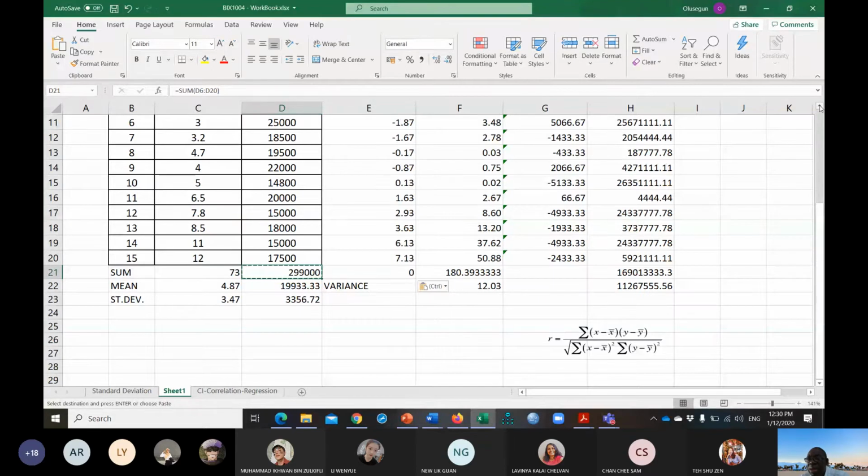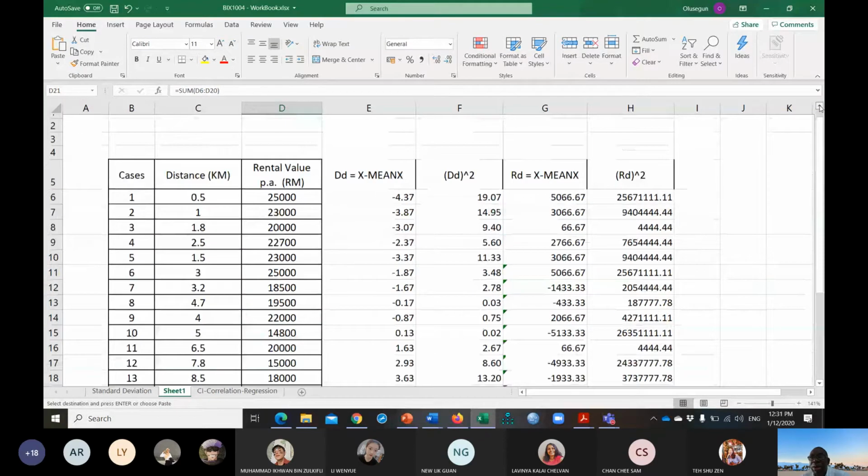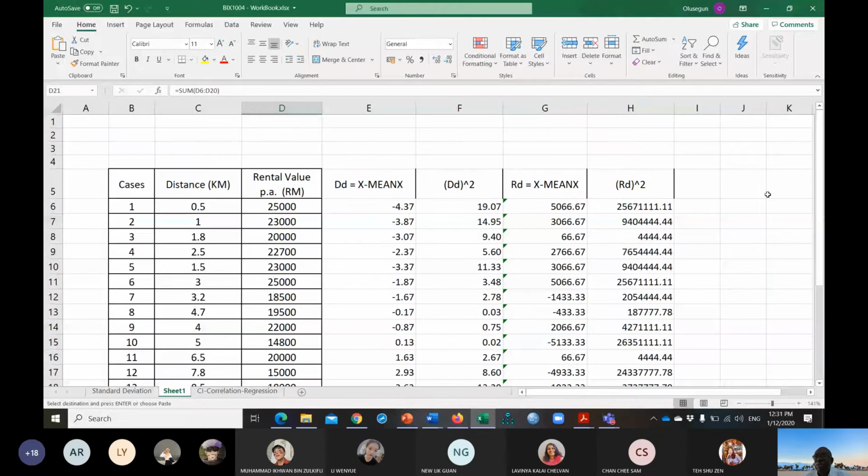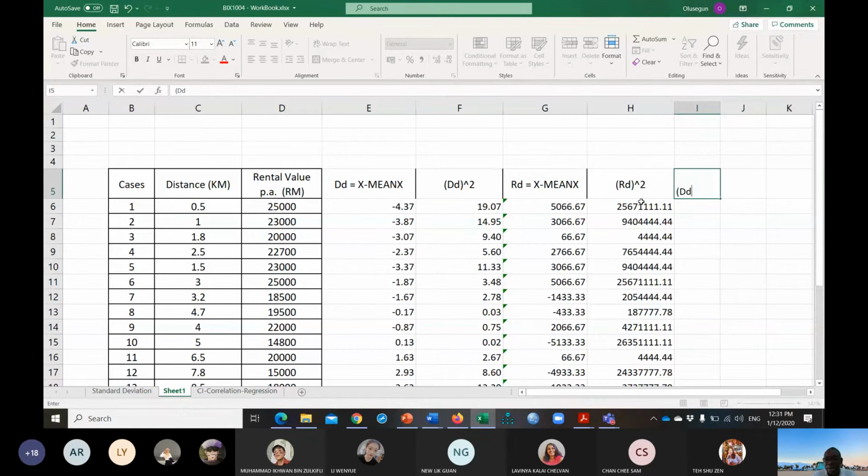This and this, we need to multiply here. So let's say DD multiplying RD.